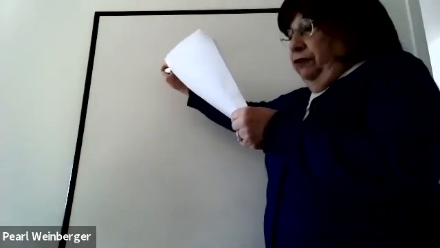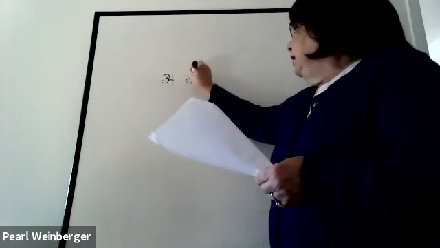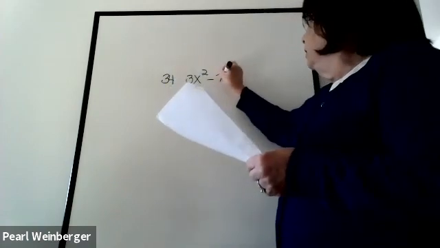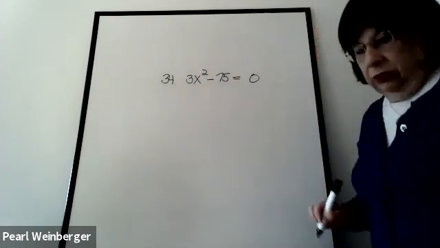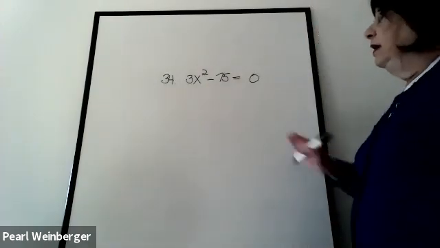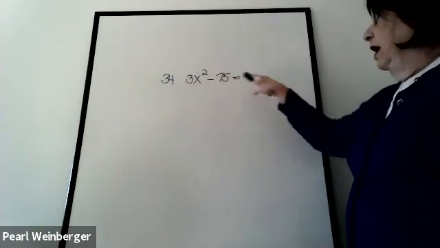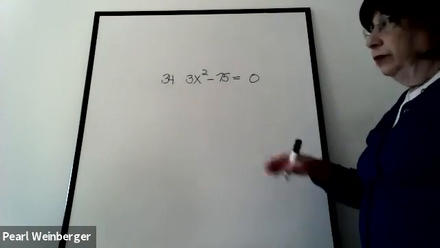Number 34 looks like this. It's 3x squared minus 75 equals 0. Okay, again, quadratic equation because it has an x squared. And it's already equal to 0. So we're up to factoring.